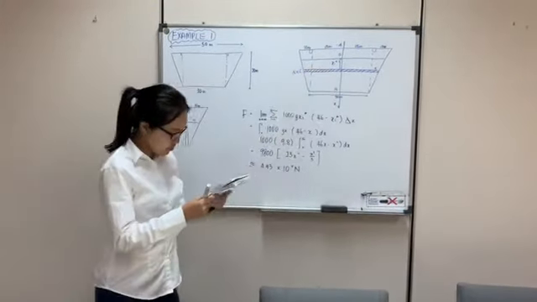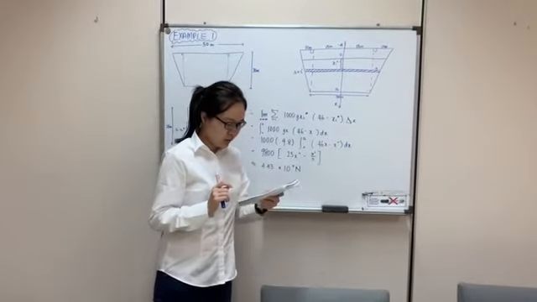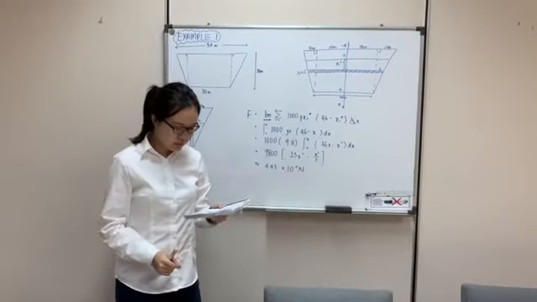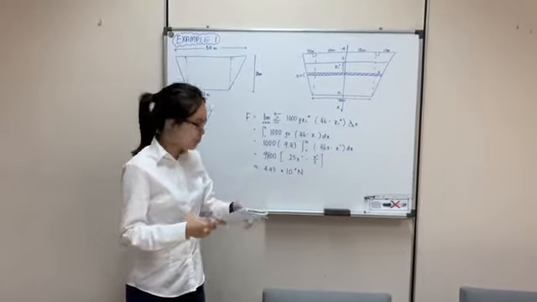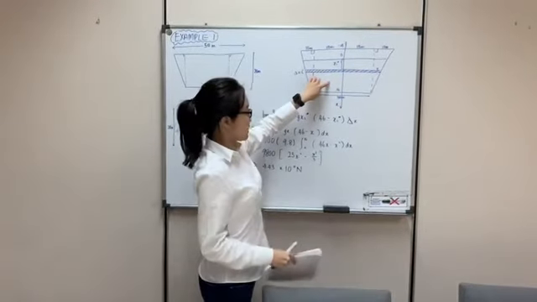So we are choosing a vertical x-axis with origin at the surface of the water.